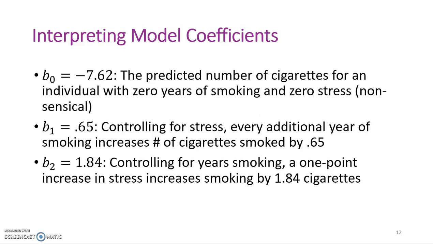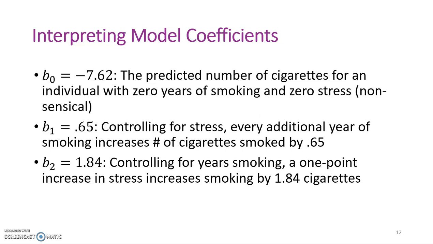For the B2 coefficient, it's a similar interpretation. We're controlling for the other predictor, years smoking, and this is the coefficient relating stress to number of cigarettes smoked. So controlling for years smoking, a 1 point increase in the stress scale increases smoking by 1.84 cigarettes.